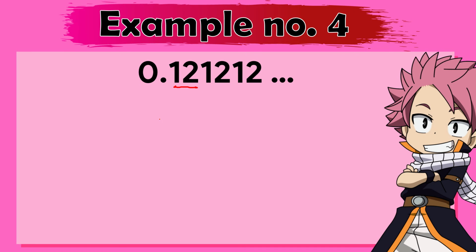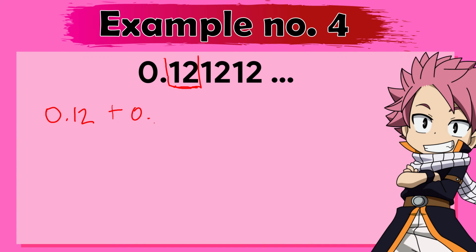So kapag nire-write po natin siya as a sequence, so pag-ihiwa-hiwalayin lang natin siya, so yung first term natin will be 0.12. Ito po yan yung nasa unahan. Sunod, plus, katulad kanina, 0 point, ilang digits na yun dito? Dalawa.